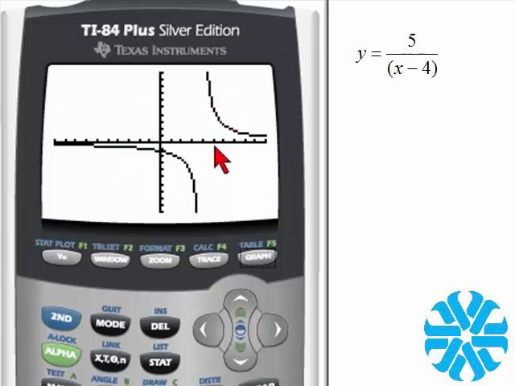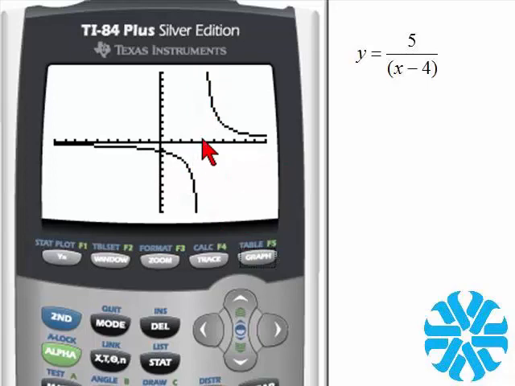Now, I don't want you guys to be alarmed if you're viewing this and you don't see this exact function right here, or the exact window that we're seeing. You may see a vertical line that's going down through the point x equals 4. So here's the point 1, 2, 3, 4.